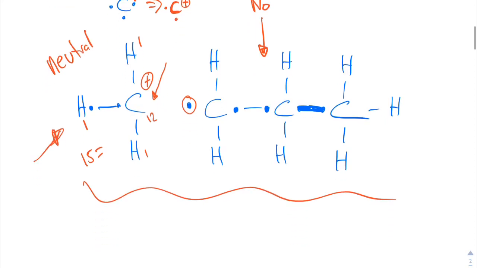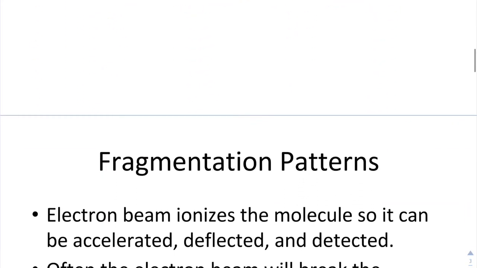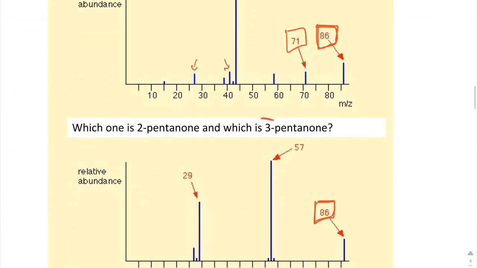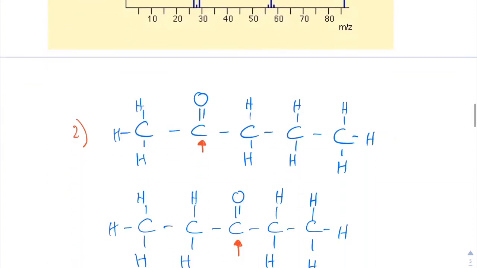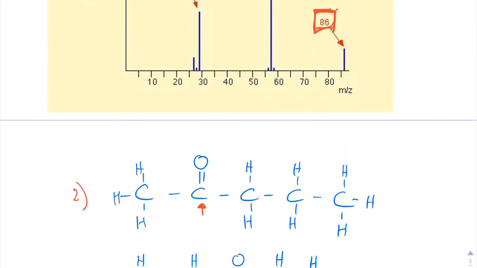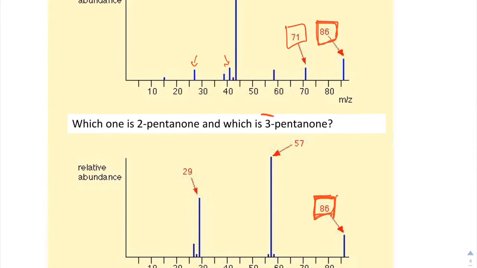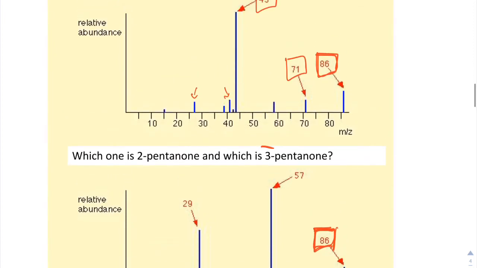And so it's actually not fragmenting it. This is the true mass of my unbroken substance. So the real molar mass of this structure should be 86. That's not a really helpful peak, because both of them, being isomers, have the same exact mass.